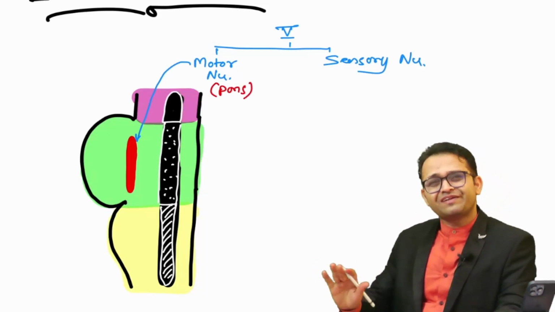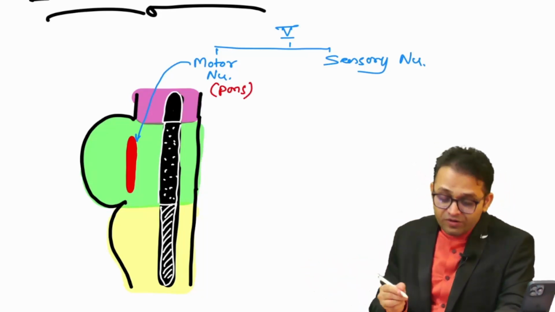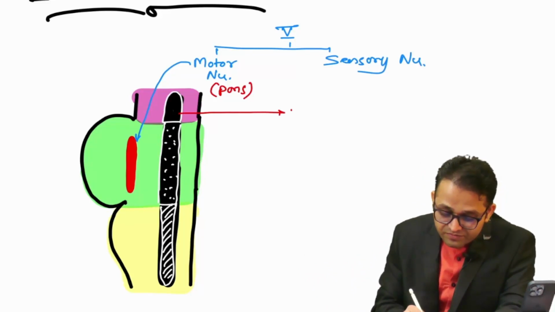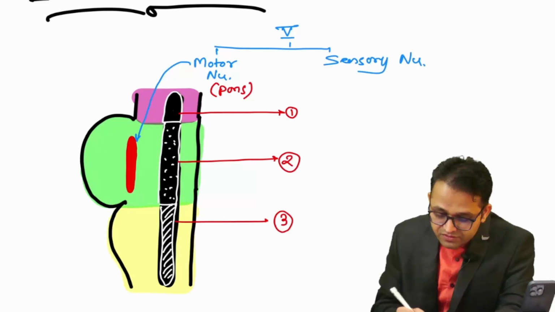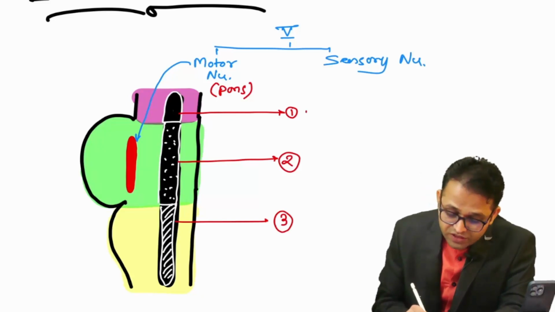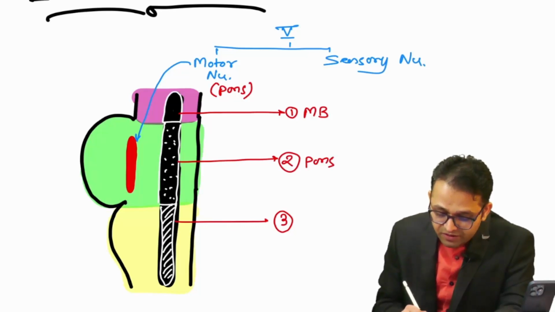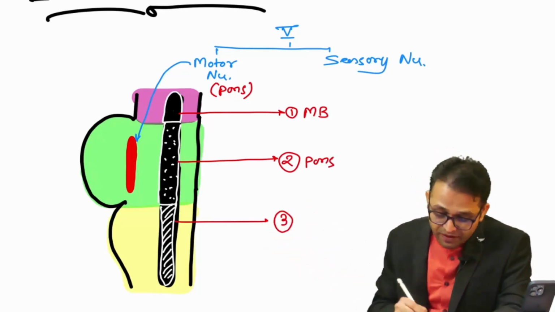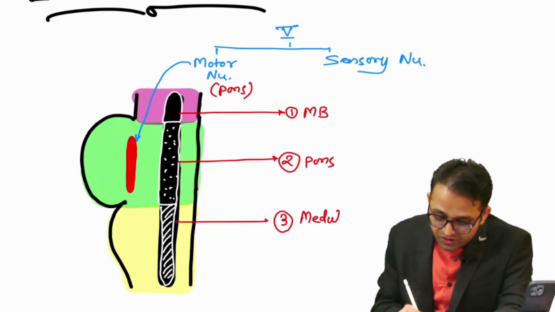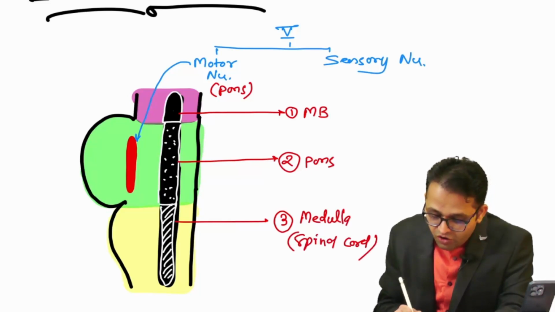Fine. Khatam, tata, itna hi yaad rakhna hai. But now we are going to talk about the sensory nucleus. It has three parts. Sir, the first part is located in the midbrain, the second part in the pons, and the third part goes to the medulla up to the spinal cord.